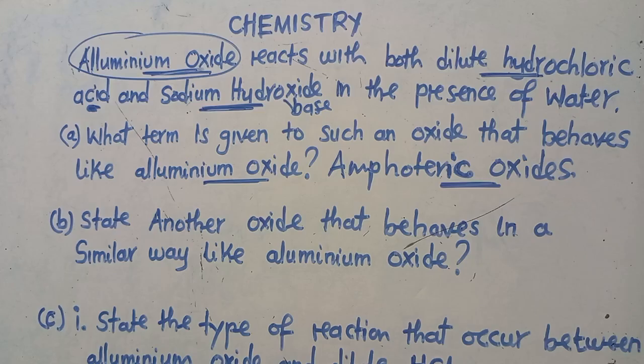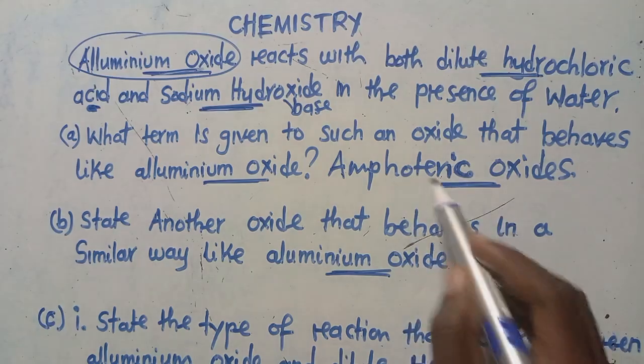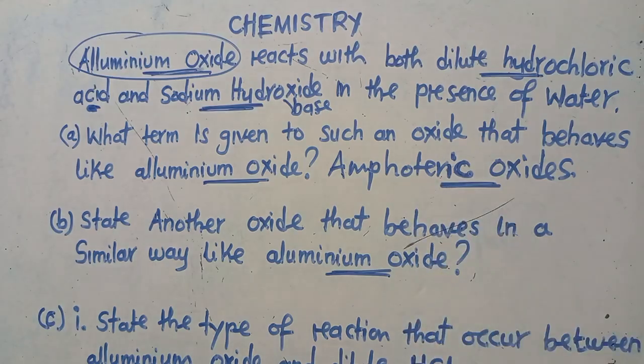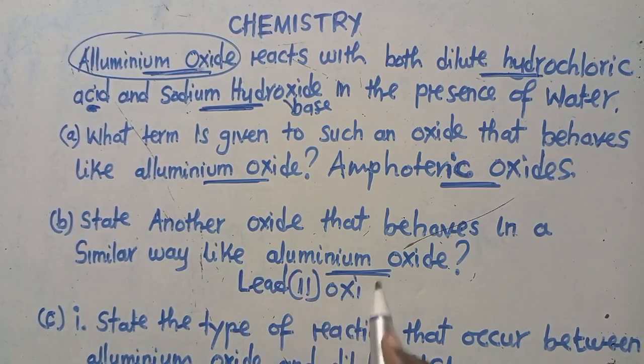The other question is telling us to state another oxide that behaves in a similar way like aluminium oxide. So aluminium oxide, another example of an amphoteric oxide, is what we call lead two oxide.